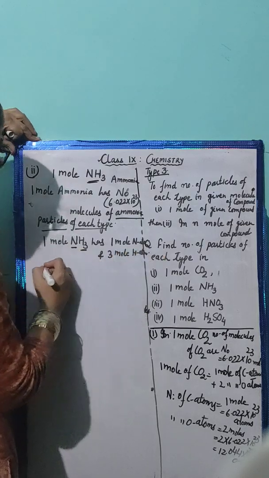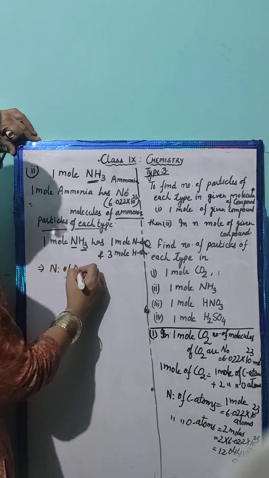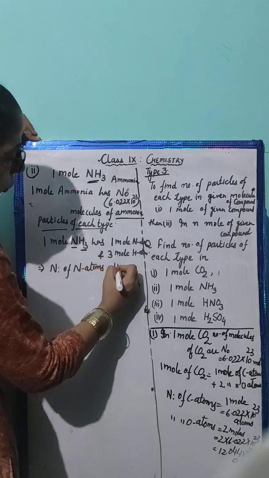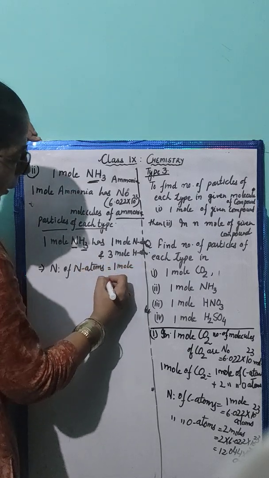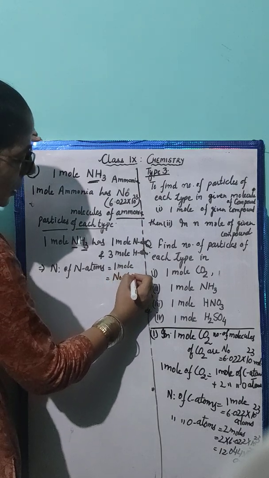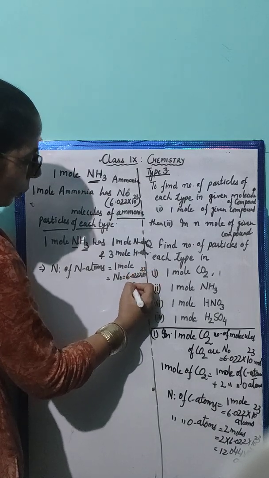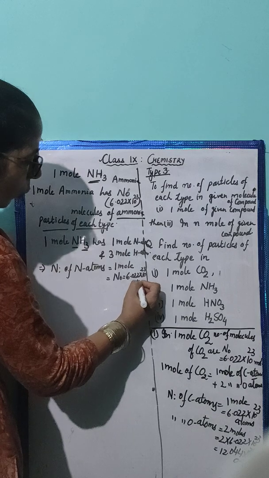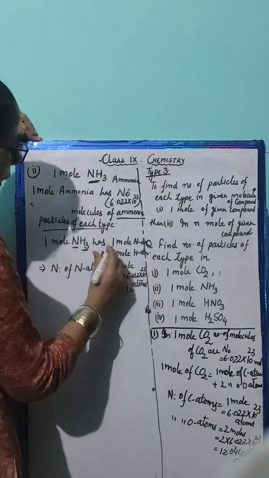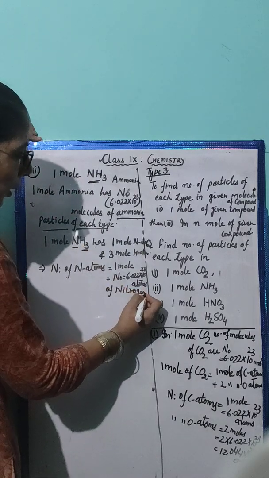It means the number of N atoms, because they are 1 mole, will be N naught. N naught means 6.022 into 10 to the power 23 atoms of nitrogen. Right? How many nitrogen atoms are in one mole of ammonia? N naught.